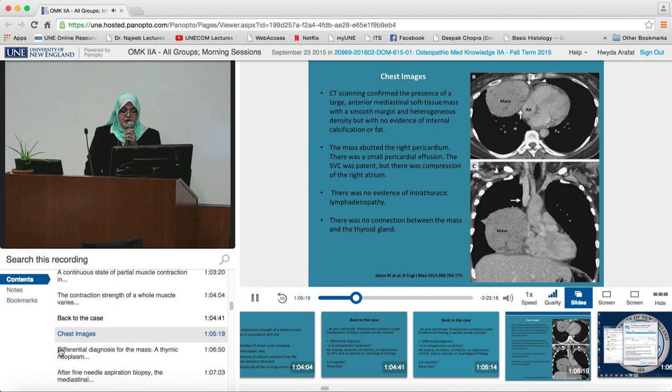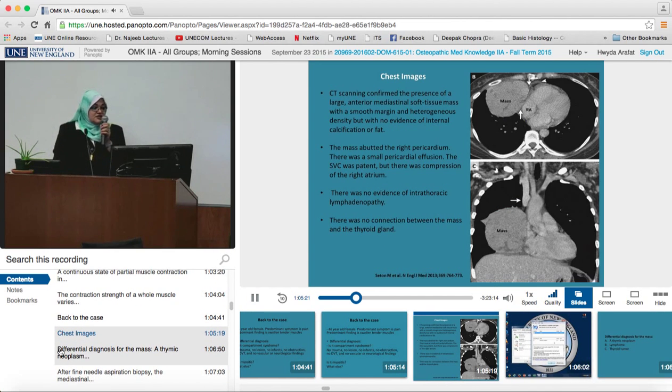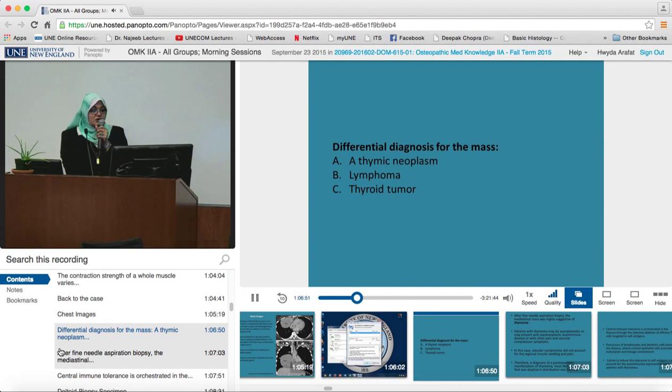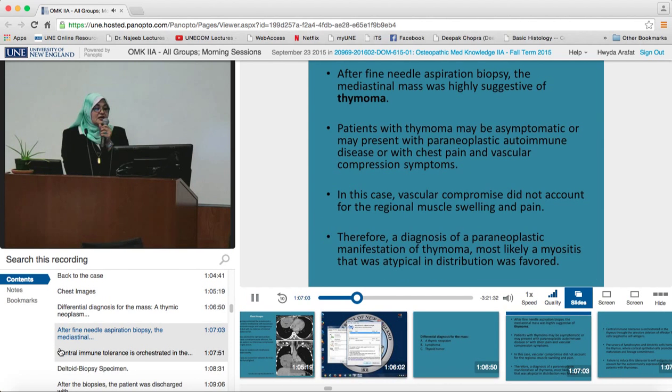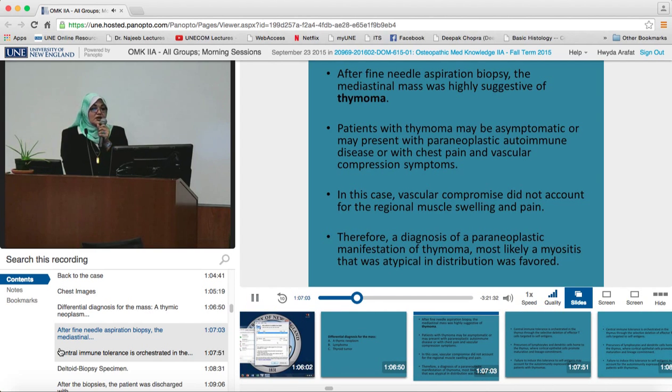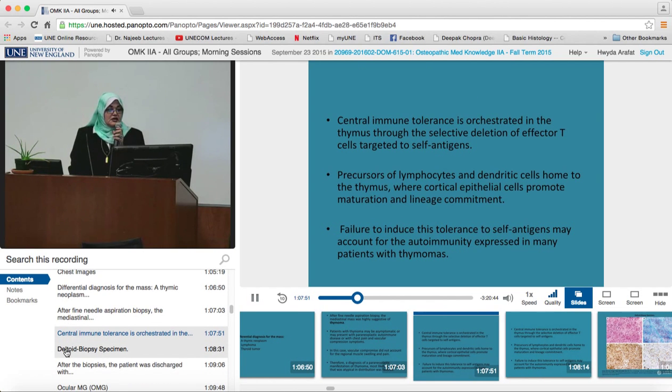And what else? This patient was taken for a chest CT scan, and we can look here at her chest. This is the heart, right atrium, and they had 3 differentials: either a thymic neoplasm, or lymphoma, or a thyroid tumor. They did a needle biopsy, and they found that it was a thymoma.